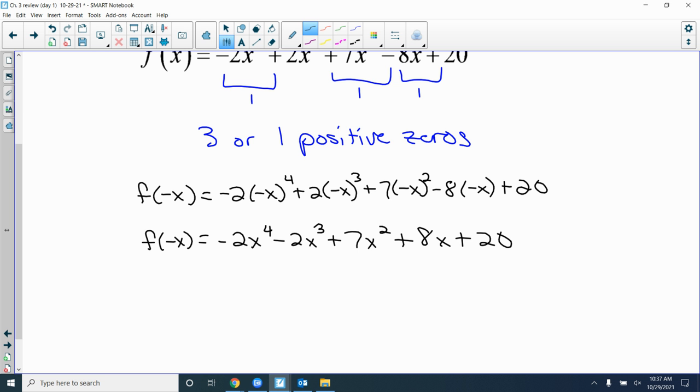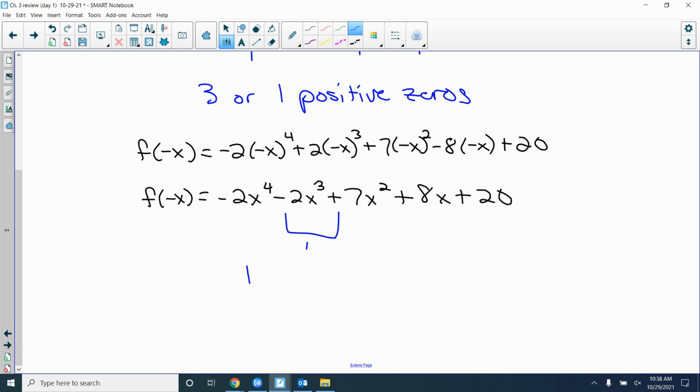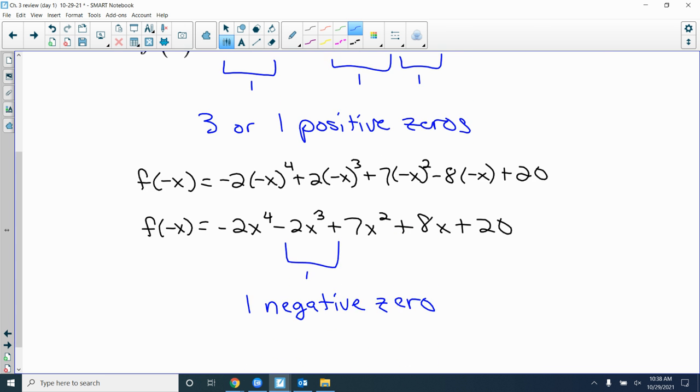So how would we word this? 1 negative zero. You can't subtract 2 from that and get a positive number. All right, with Descartes' rule of signs, you've got to have 4 total. So it's either 3 positive and 1 negative, or it's 1 positive and 1 negative.